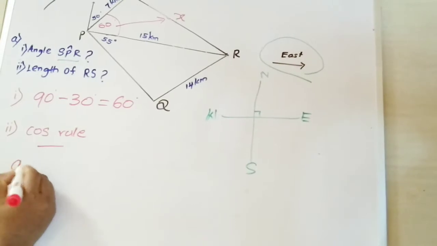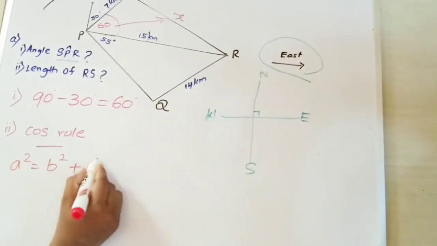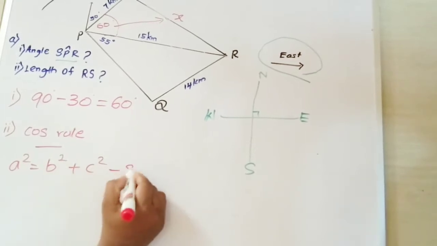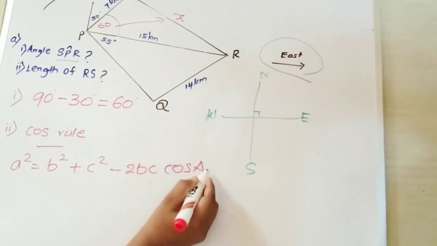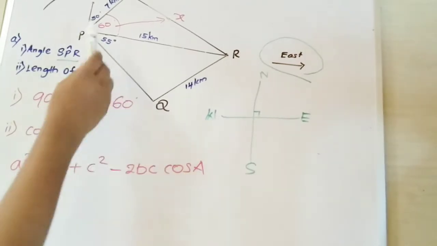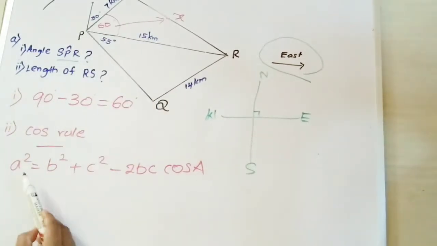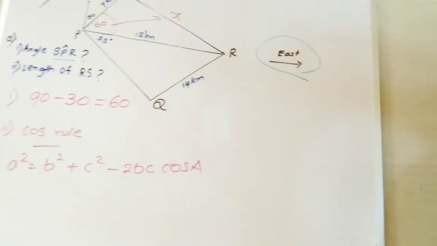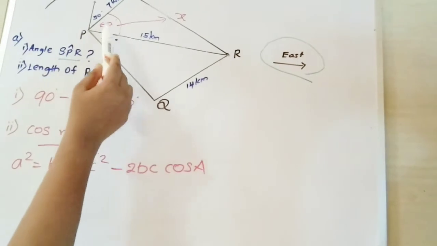What is the cos rule? Can you remember? a square is equal to b square plus c square minus 2bc cos A. Because the question is connected with one angle and three sides. Now we'll apply the values.